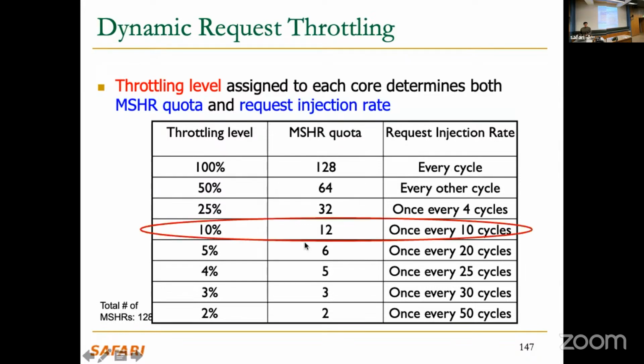If you're throttled down to 10%, you can only occupy 12 MSHRs, and you're not allowed to inject requests every cycle. You can only inject a request every 10 cycles. And if some other core wants to inject requests at that cycle, you're also probably deprioritized.